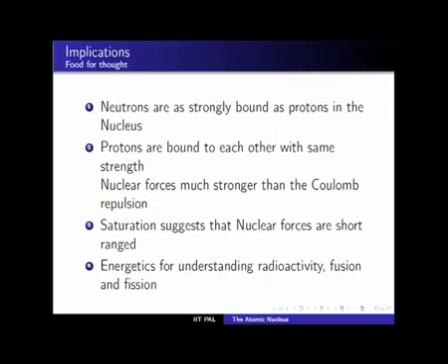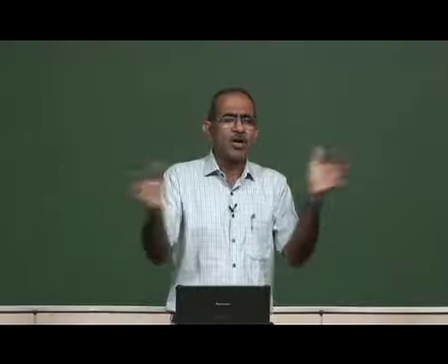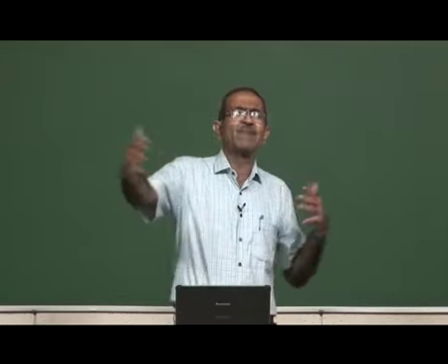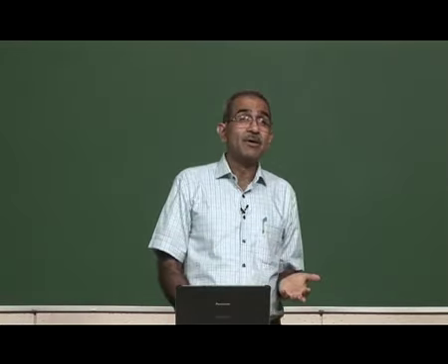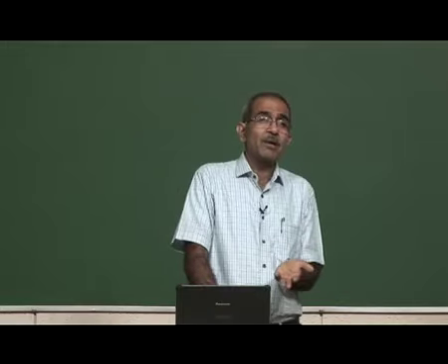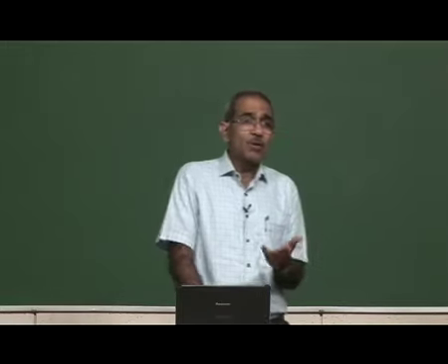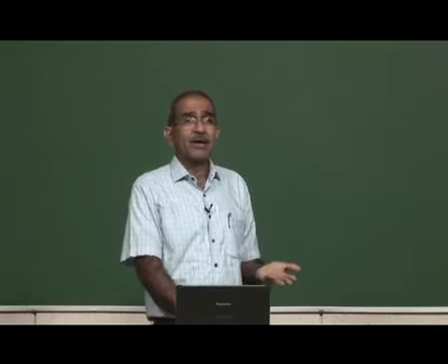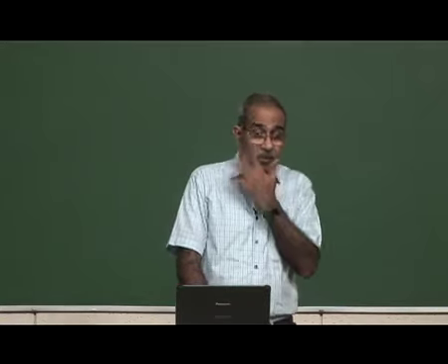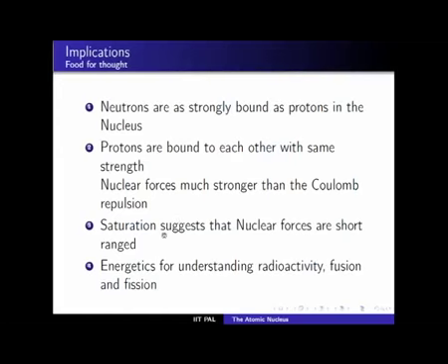But then, in that case, I should be able to bring a lot of protons and neutrons together and make very, very big objects. It doesn't happen. I am at most able to make a nucleus with about 200 nucleons. That means the range of the nuclear forces must be very, very small.